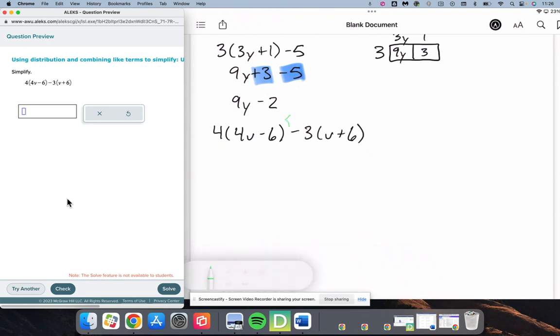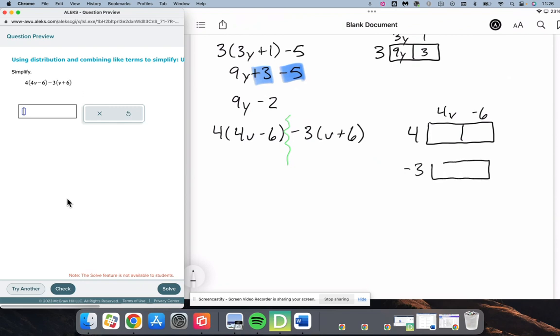I'm going to split this here and notice that that leading 4 is being multiplied by 4v and a negative 6. And that 3 back there, the negative 3, is being multiplied by a v plus 6. So you've got really 2 distributive property things going on at once in this problem.